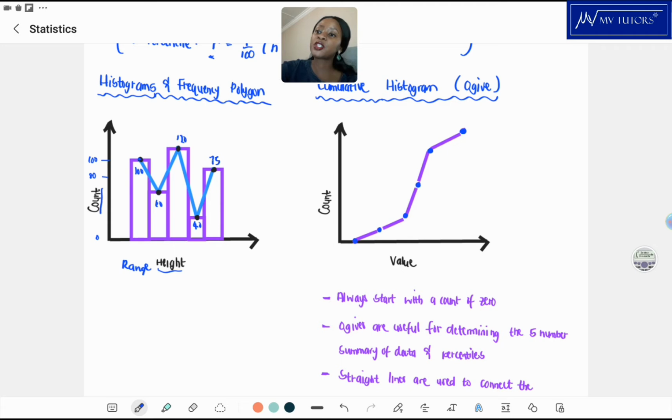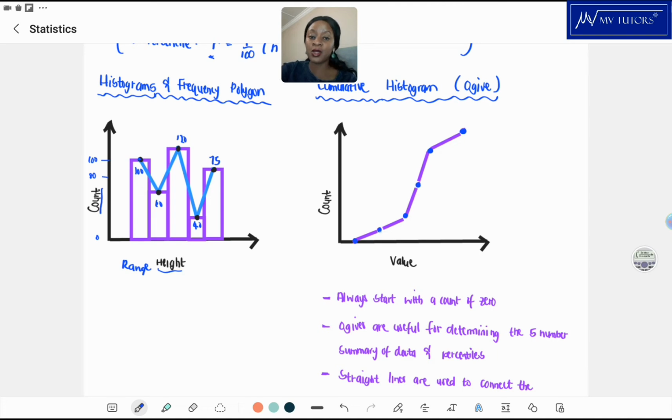So what does your cumulative histogram, or your ogive, do? Well, you basically start at 0, because at 0 there's a count of 0, and then you start with your first value.